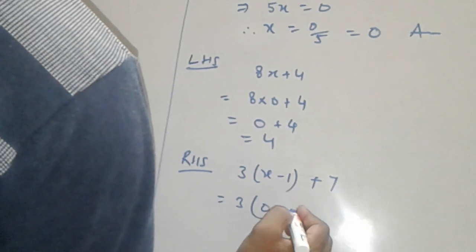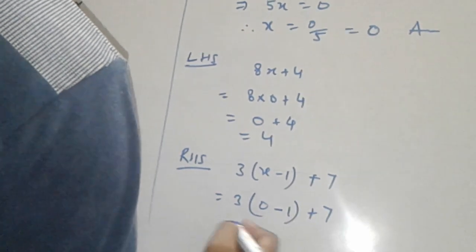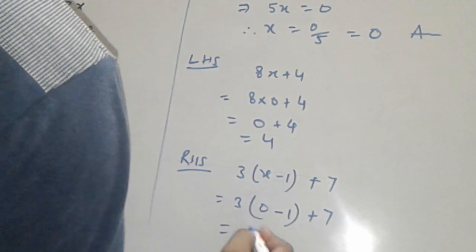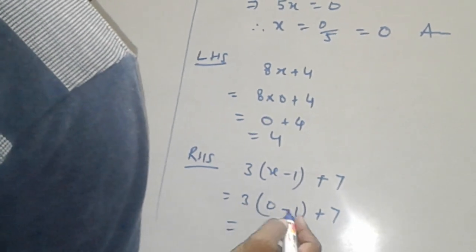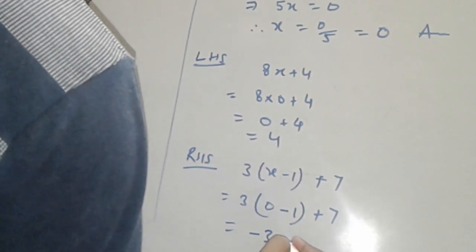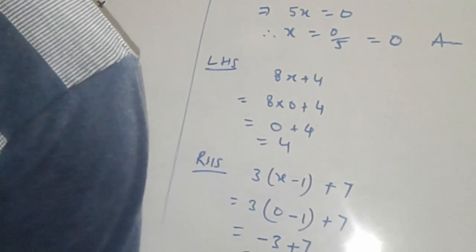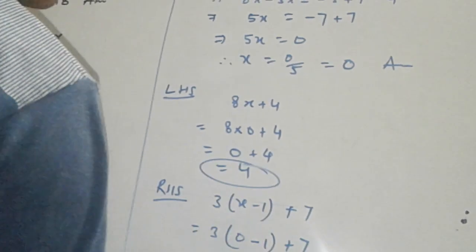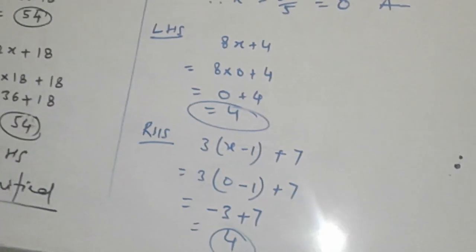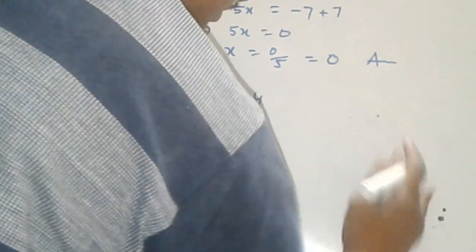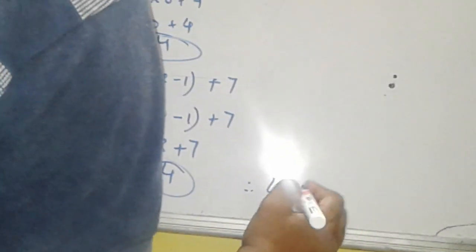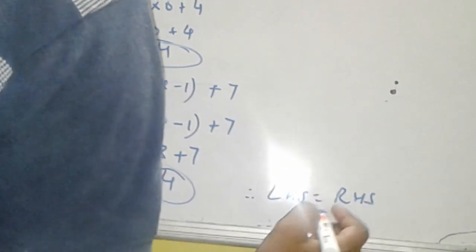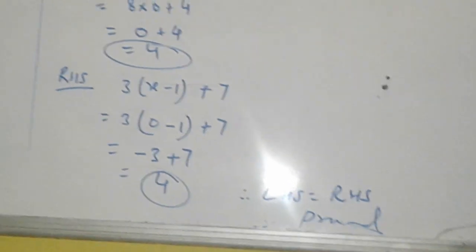So 0 minus 1 plus 7. So 3 into minus 1 equal to minus 3 plus 7 equal to 4. You see, this value and this value is equal. So therefore LHS equal to RHS. Proved. Okay. So we have done 2 questions here.